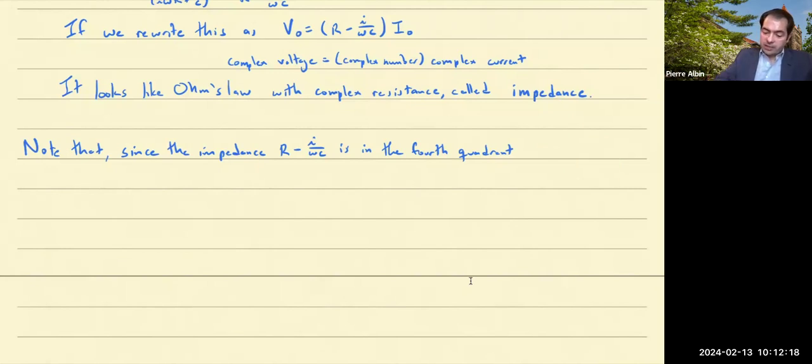And so that means that if we look at V naught e to the I omega t, that would be equal to this complex number times I naught times e to the I omega t.